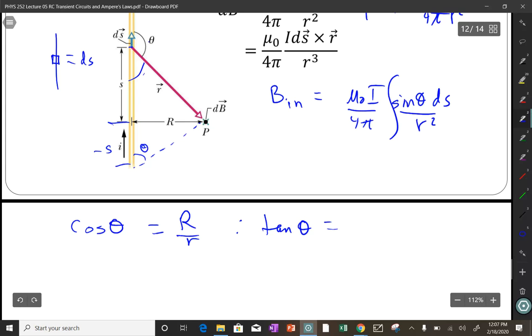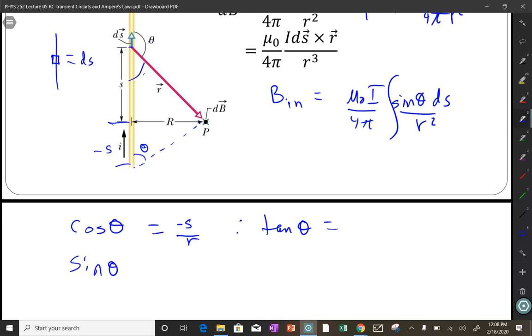Tangent theta. Wait, hold on. Isn't cosine theta actually s over r? Cosine is adjacent side, yes. Cosine theta would be minus s because that side's minus s.